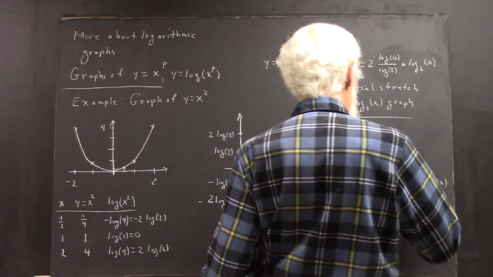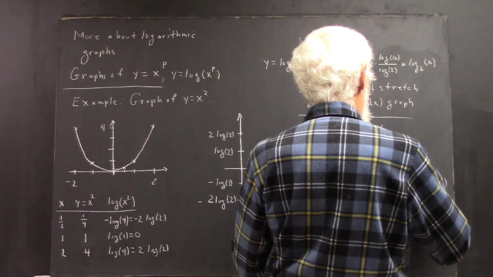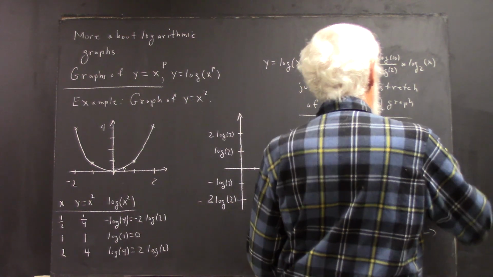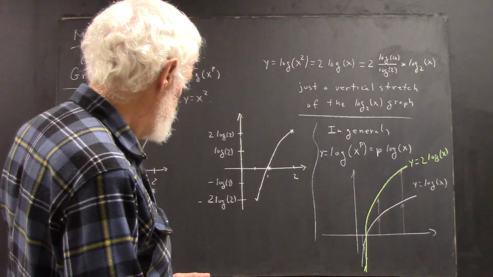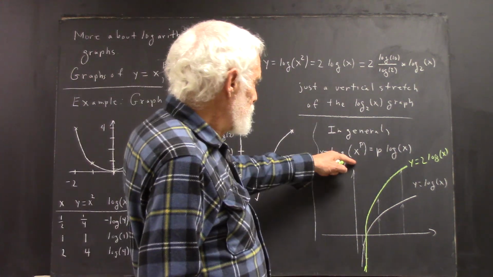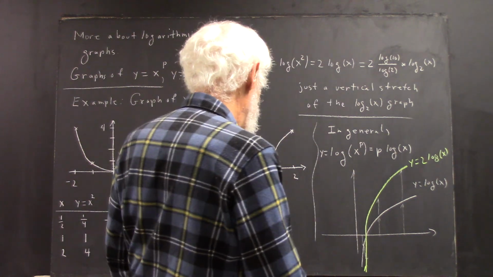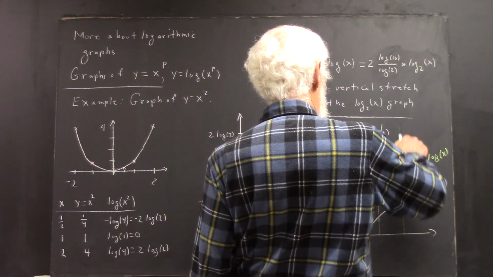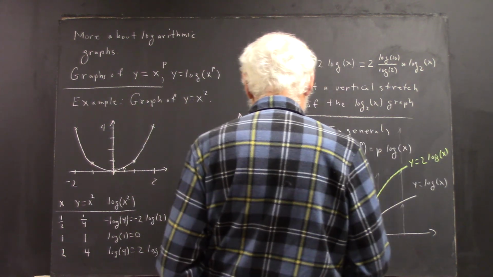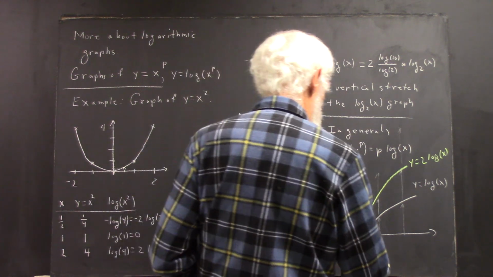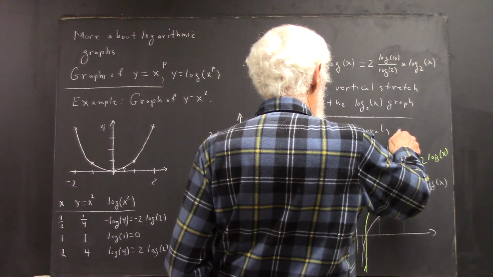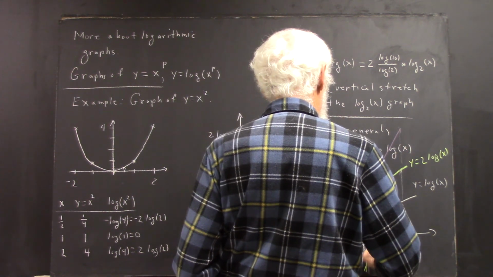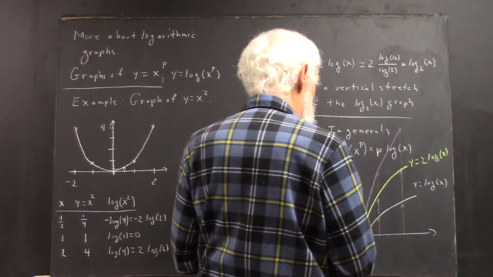So here is y equals 2 log of x. If it was x to the third, so we'd be doing the log of the cubic function, we'd have a point probably down about here, points up here. Everything would meet at x equals 1.